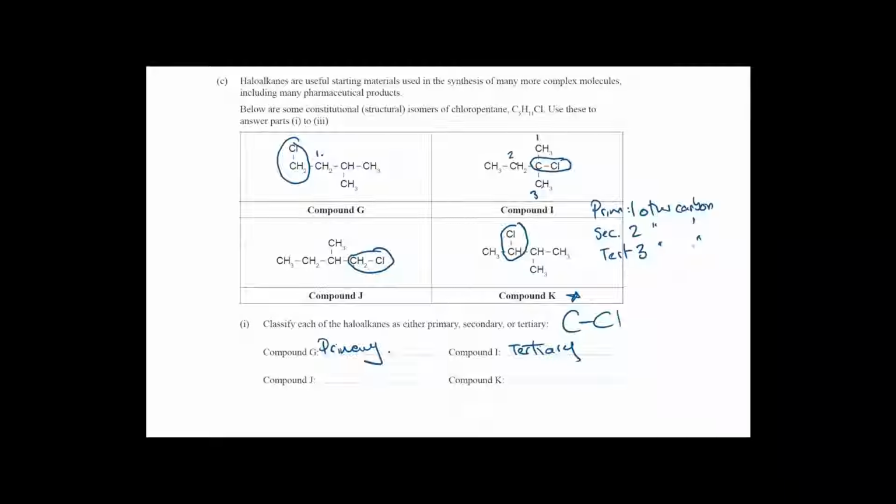So this carbon is attached to one other. So this is primary again. And K is attached to 1, 2, 1, 2. So this is a secondary. So here's one. This doesn't count. It's the chlorine. And this is the other one. So it's secondary.